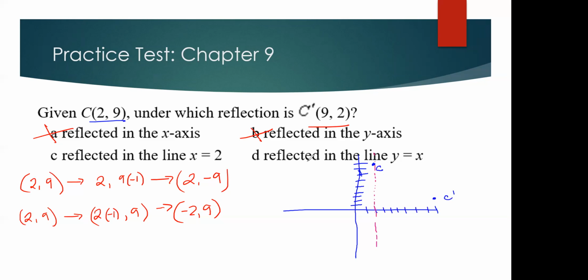So that's not going to be a reflection. Option D says it's reflected in the line y equals x, and that would be a line like this. And so that is our answer. It's reflected over the line y equals x, so it has to be D.